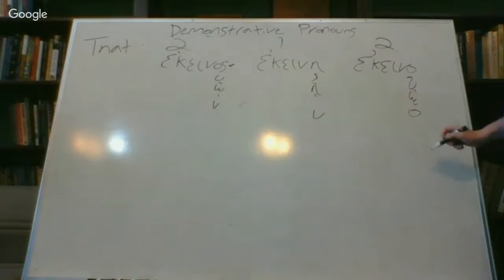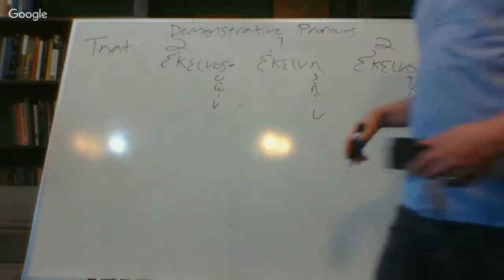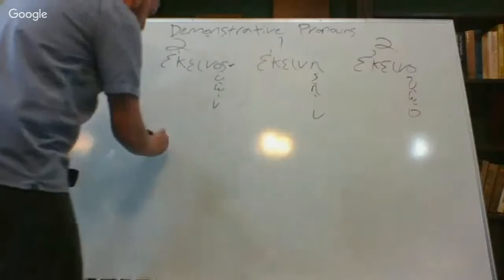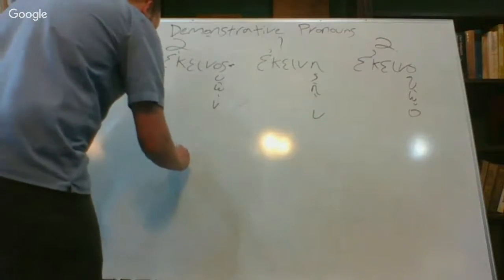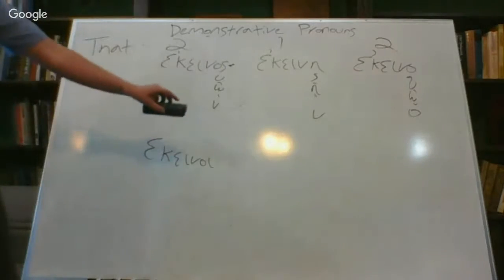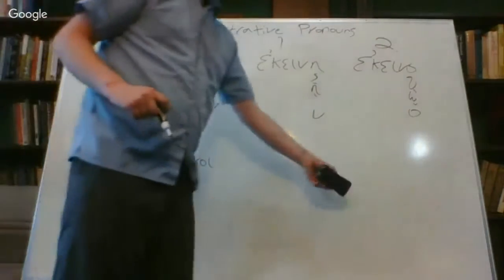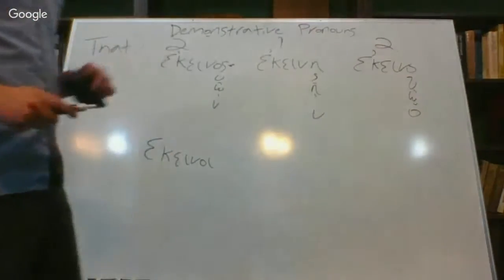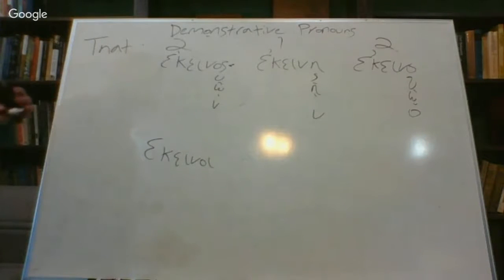So that's what we're seeing here. And then also, because it's a 2, 1, 2 paradigm, we're going to have ekeinoi, ekeinai, and ekeina. So it's just going to be like what we've seen already, nothing new here.